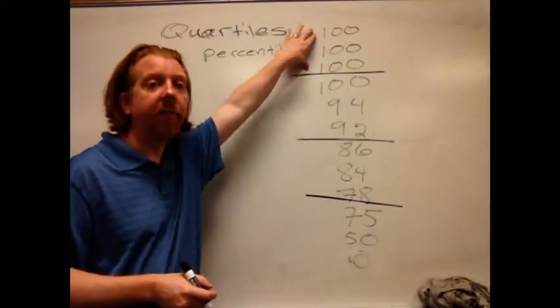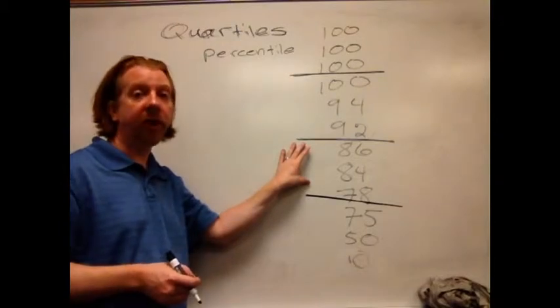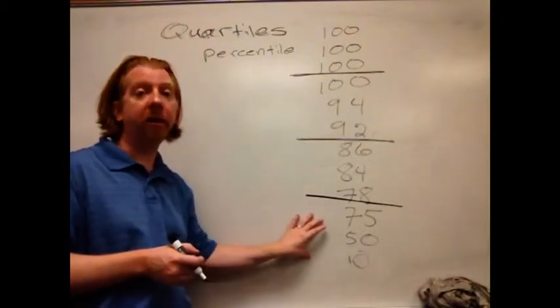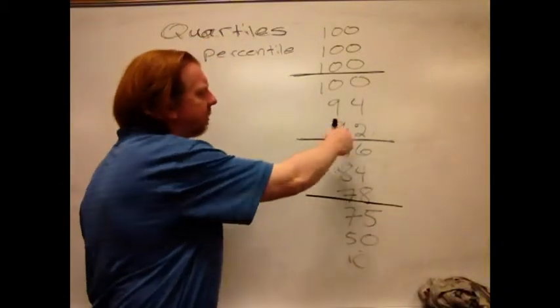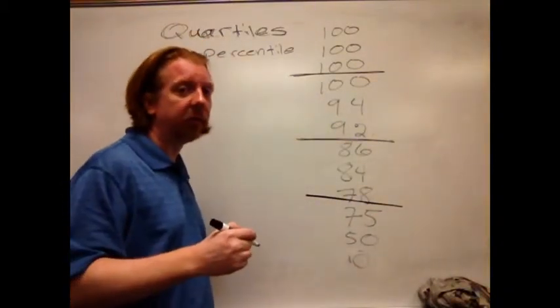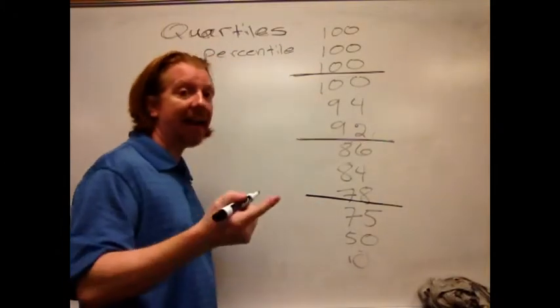So the top 25%, the next highest 25%, the middle 25, the bottom half of the middle, and the bottom 25%. And again, since these numbers fall in between values, I'm going to have to mark them off by using that average.